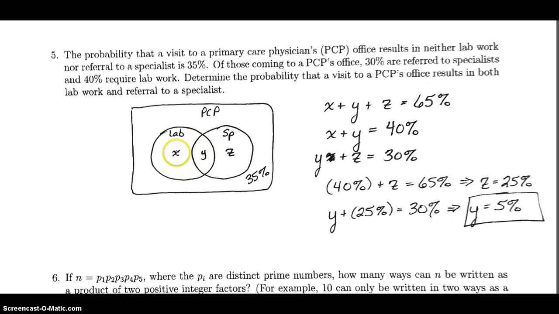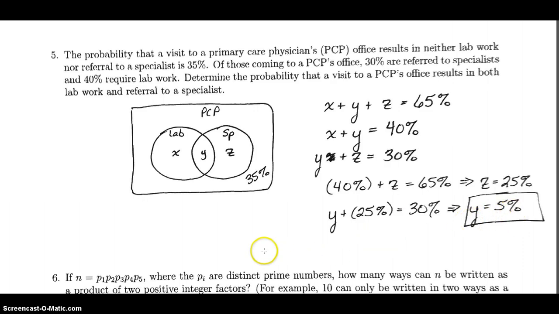So when you do a Venn diagram, I recommend that you only label each chunk, basically think of it as not being able to cross over any lines. So we know that total is 65. We know that these are 40, and so right away we could find out that this is 25 if we wanted to, or we could set up an equation really quickly, substitute in for our x plus y, and find out here that y equals 5.